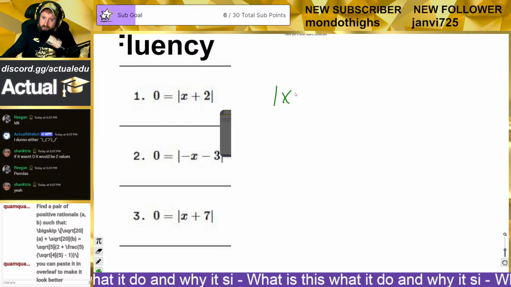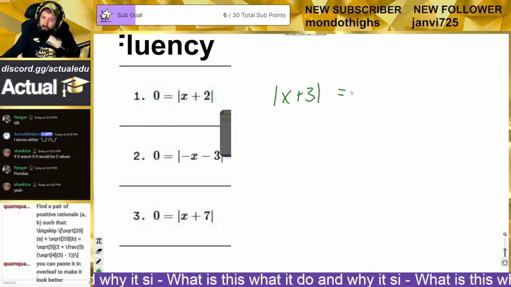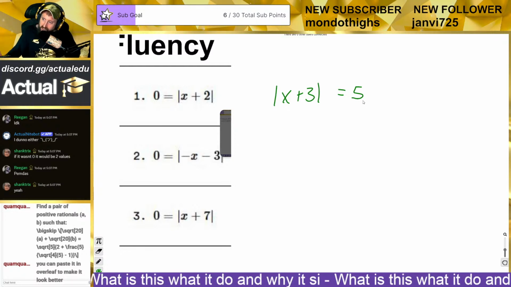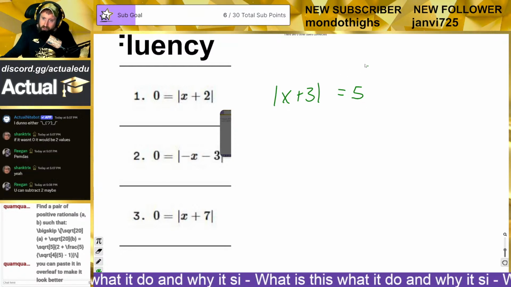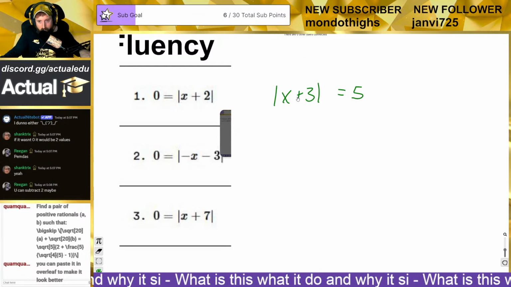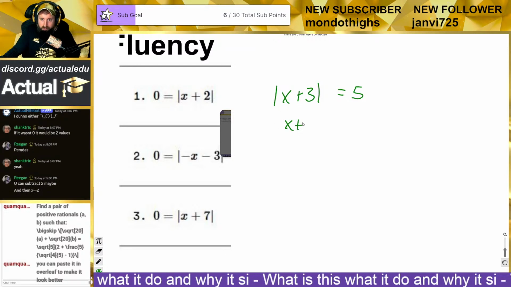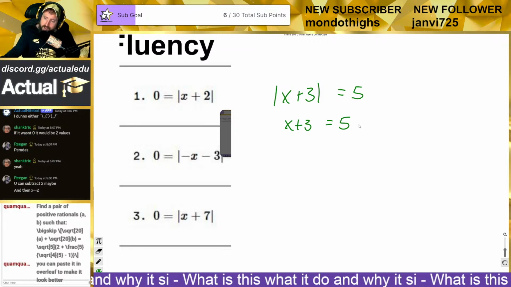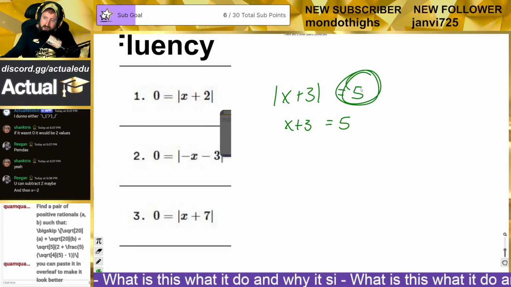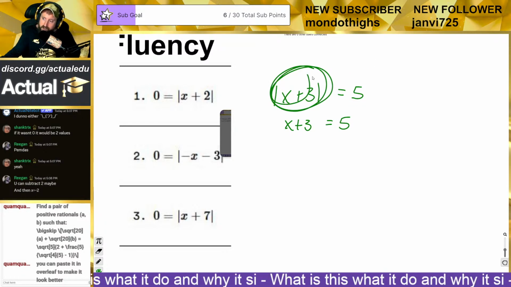If instead you had, let's say, x plus 3 was equal to 5, okay? You have to solve this 2 ways. You do it the regular way, strip off the absolute values, so this is just x plus 3 is equal to 5. Then you can either make this side negative, or make the whole thing inside negative.